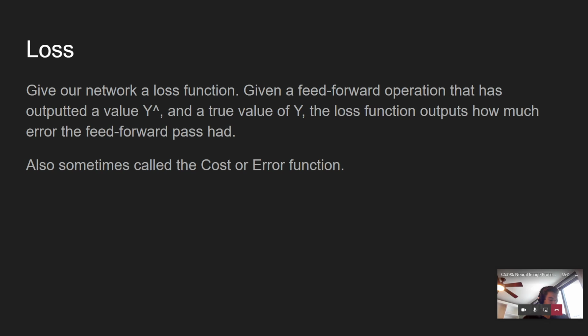If we have a true value of y, and that could be our class label or whatever, and we have an output value of y hat, that's going to be whatever our network outputs. The loss function is going to tell us the difference between those two, or the error between those two, sometimes in somewhat roundabout looking ways, but often important ways.